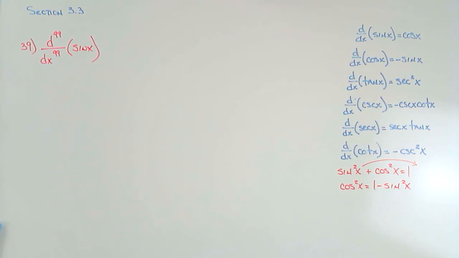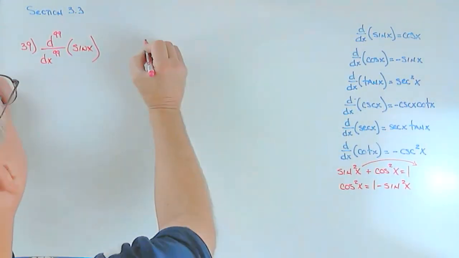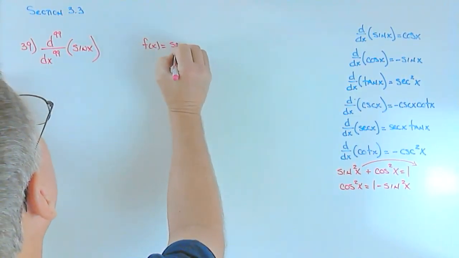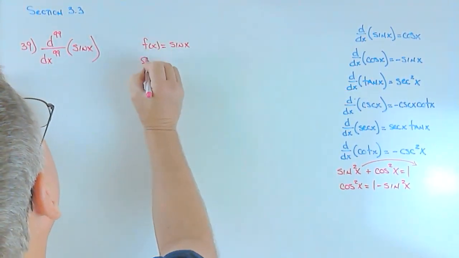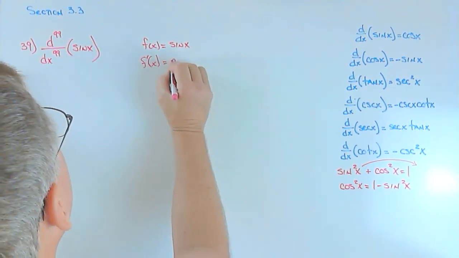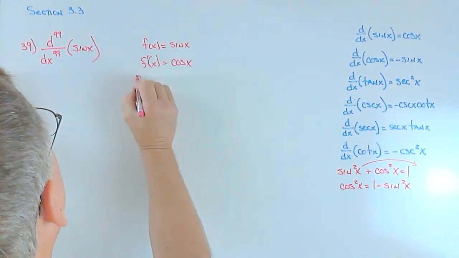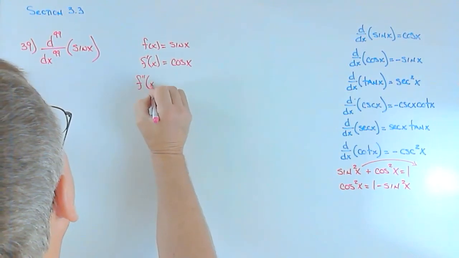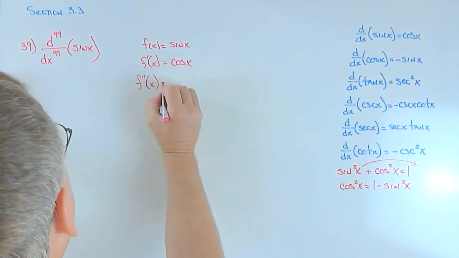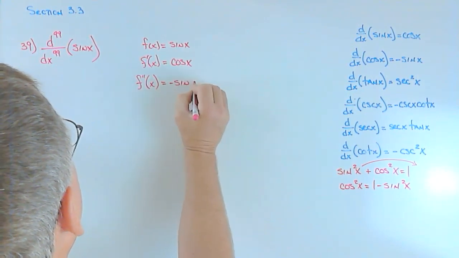Now, they don't expect us to do the derivative 99 times. They expect us to start with, okay, my function is sine. The first derivative of sine is cosine. The second derivative is the derivative of cosine, negative sine.